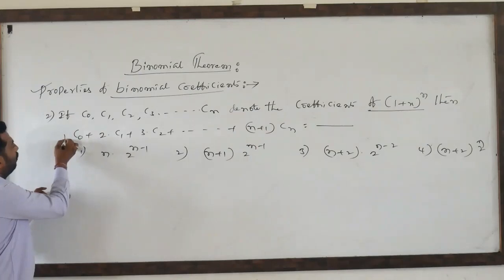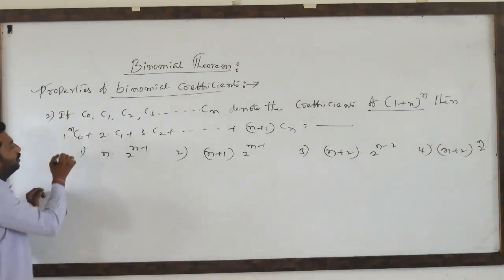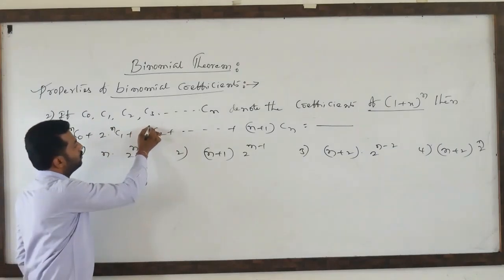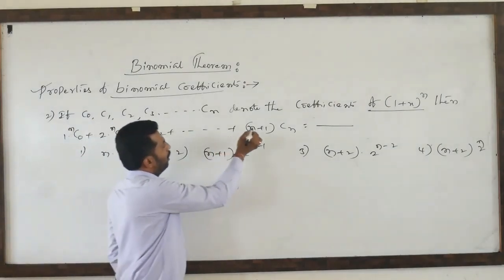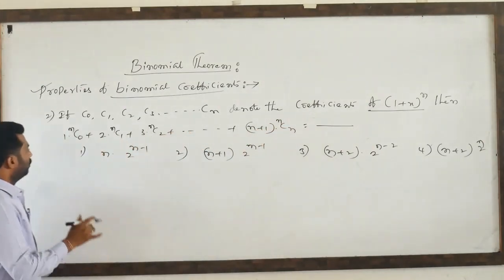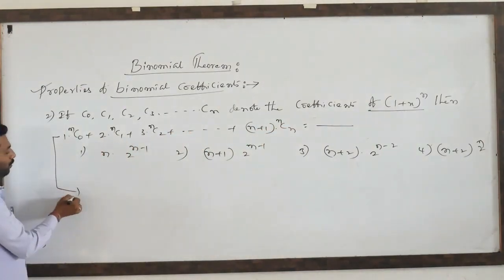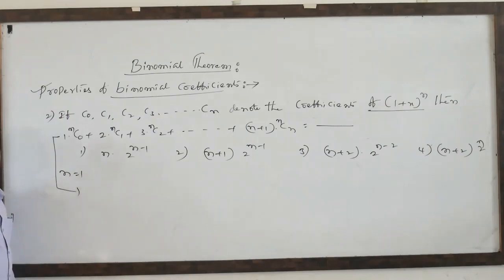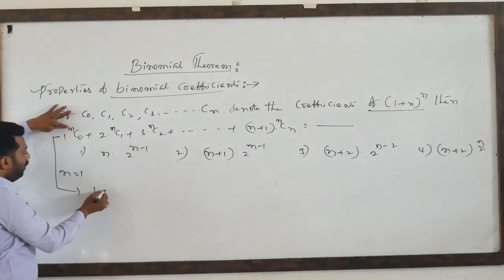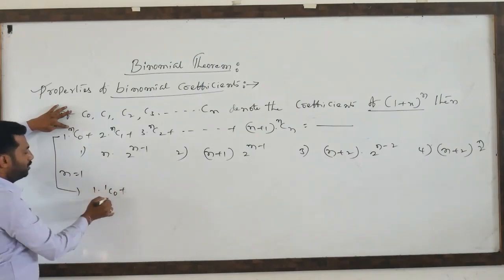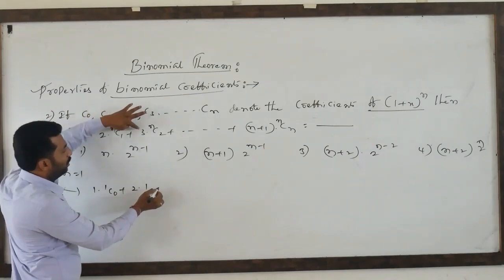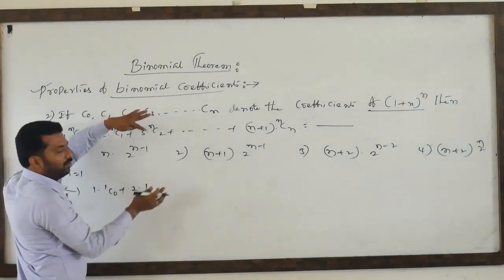Again, same. This is 1 into nC0, this is 2 into nC1, 3 into nC2, and so on, up to nCn. So first we have to substitute n equal to 1. n equal to 1 means 1 into 1C0 is possible, 2 into 1C1 is possible, and 3 into 1C2 is impossible.